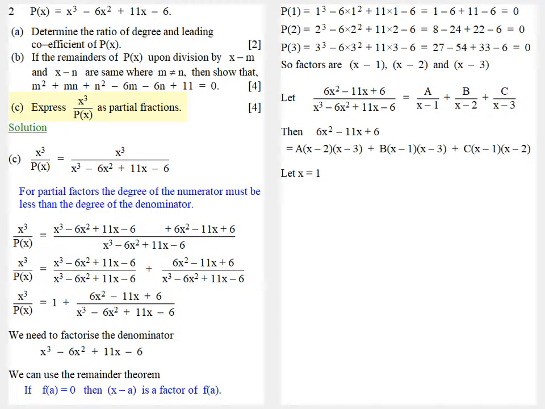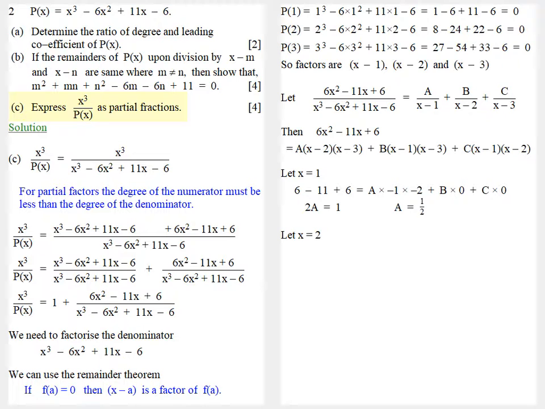So if we choose x is equal to 1, on the left hand side we have 6 minus 11 plus 6, and on the right hand side we have a times minus 1 times minus 2 plus b times 0 plus c times 0, which gives us 2a is equal to 1. In other words, a is equal to a half.